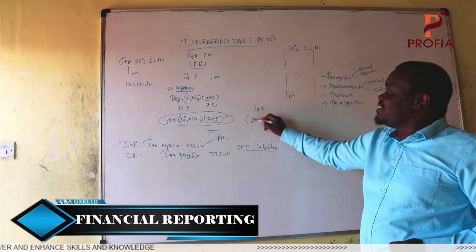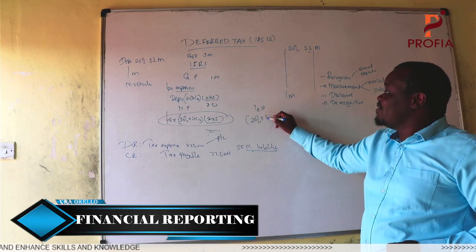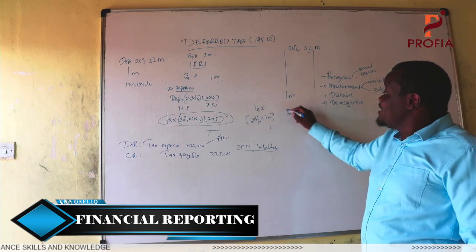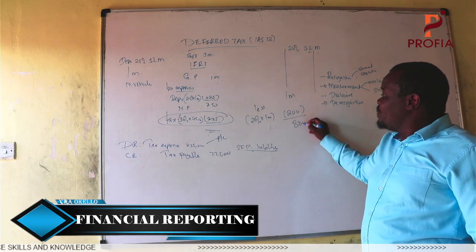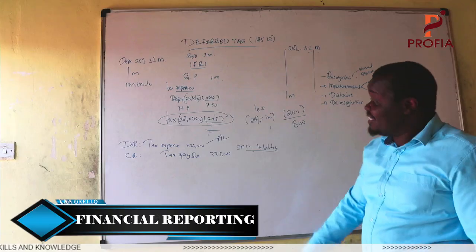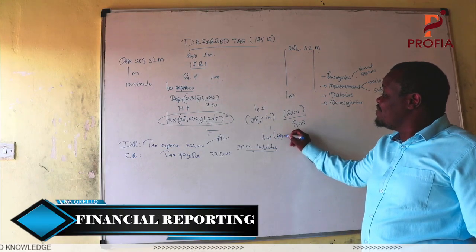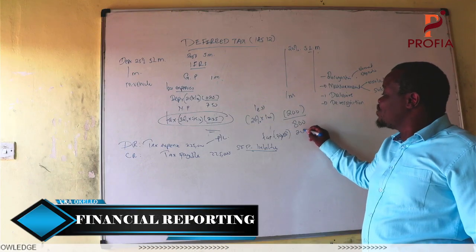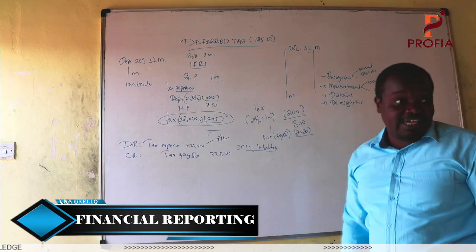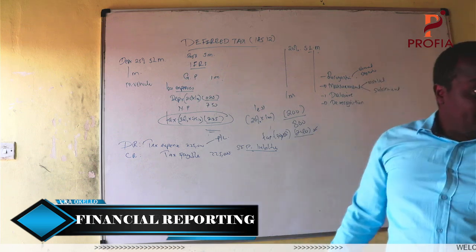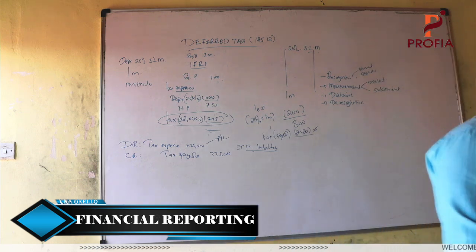Your expenses are not 20% of 1 million, which is 200,000, right? It means then your profit is 800,000. The tax will be based on what? 30% of 800,000, which is 240,000, right? It means KRA will tell you, wait, you are supposed to pay me 240,000, not 225.